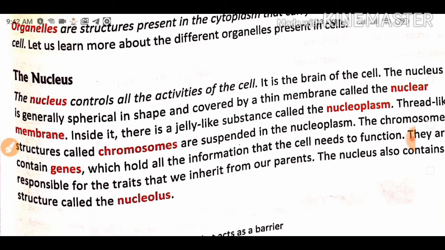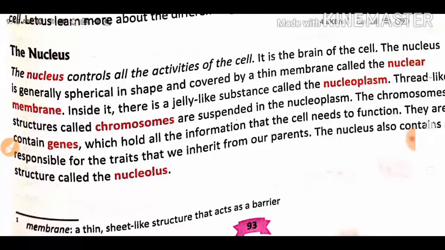Okay, they contain genes which hold all the information that the cell needs to function. Okay, so chromosomes contain genes which hold the information the cell needs to function. They are responsible for the traits that we inherit from our parents.